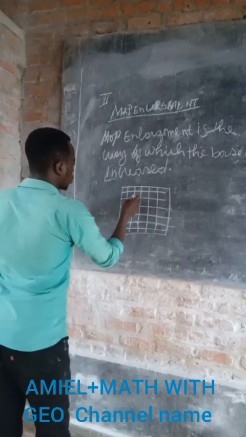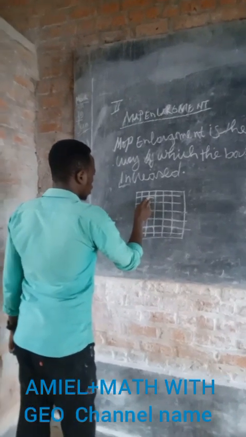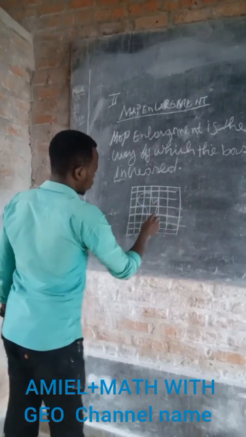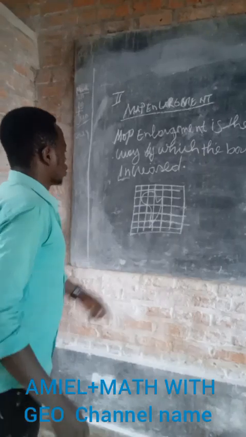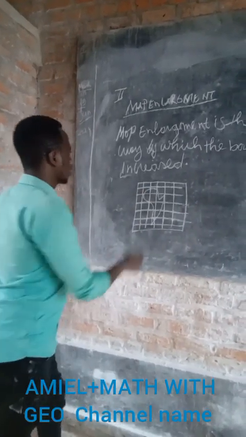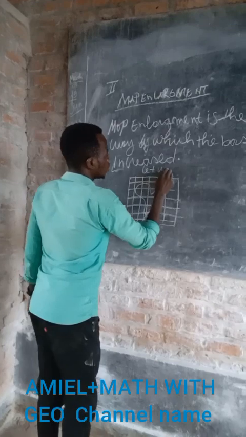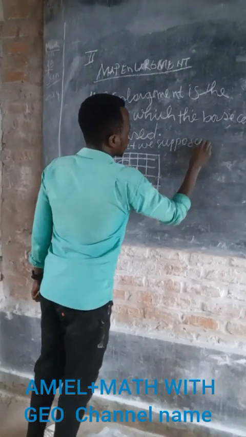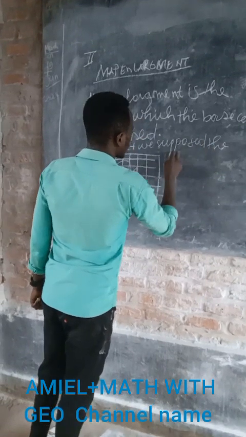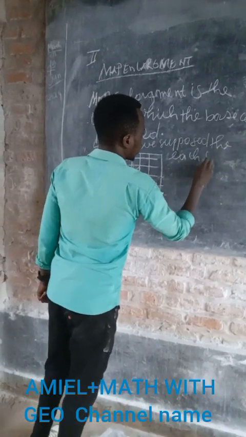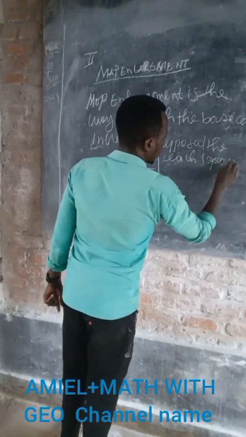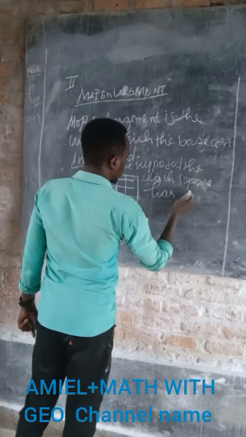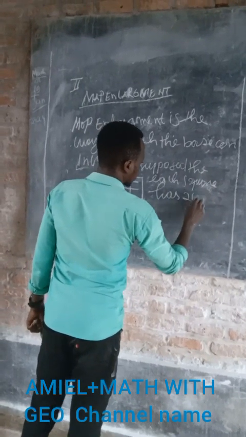Here we draw our map of Africa. You see this triangle? We suppose that each square has 2 centimeters.